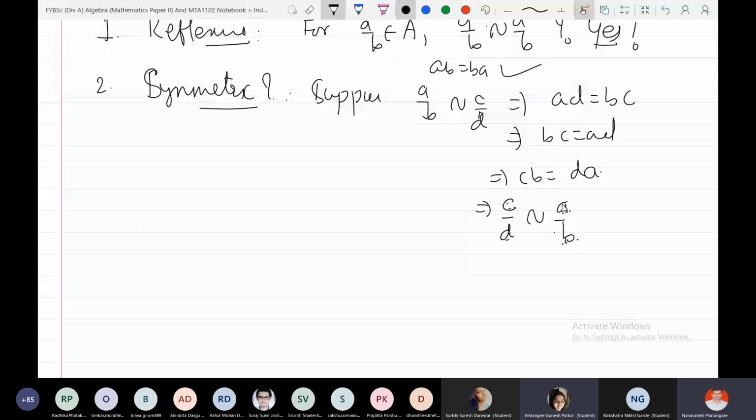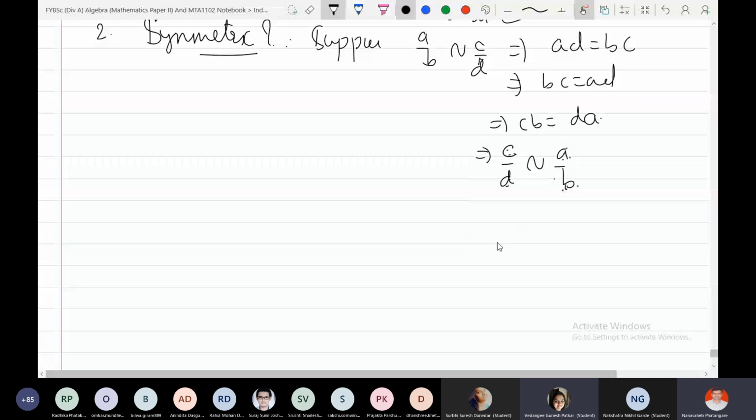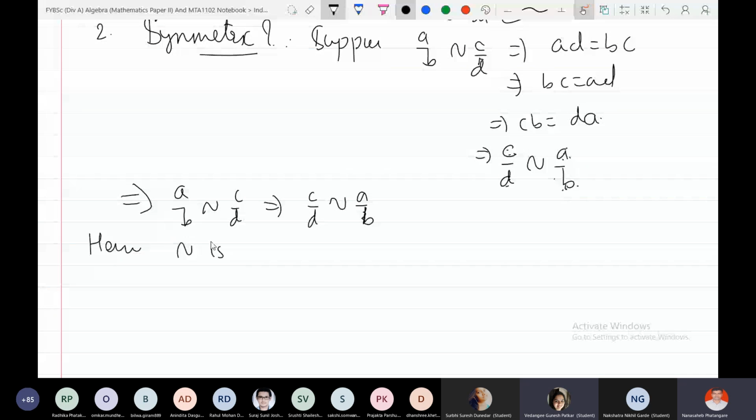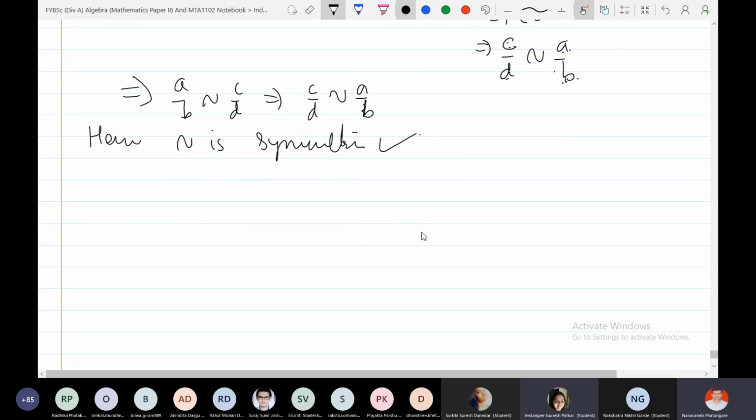Therefore, A by B is related to C by D implies C by D is also related to A by B. Hence, this relation is symmetric. It is very straightforward. Now transitivity.